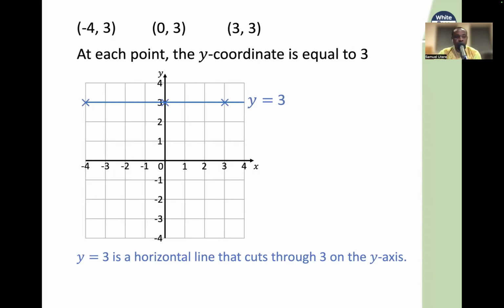Well, we can say y is equal to 3 is a horizontal line that cuts through 3 on the y-axis. So y is equal to 3 means y is always 3. That is always going to be a horizontal line because regardless of any point you pick on that line, y will always be 3.